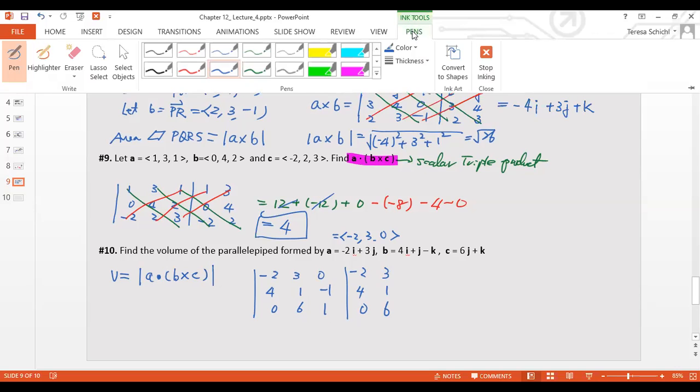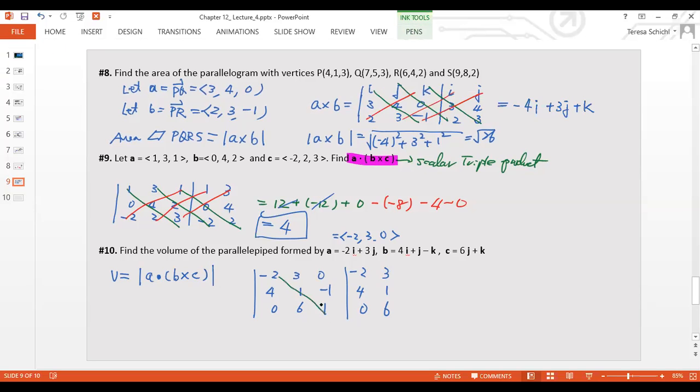Now let's do it this way. Negative 2 times negative 1 times 1 is positive 2. Then there are terms times 0, which I love. Excellent. Then we go the other way, 0 again, how nice.